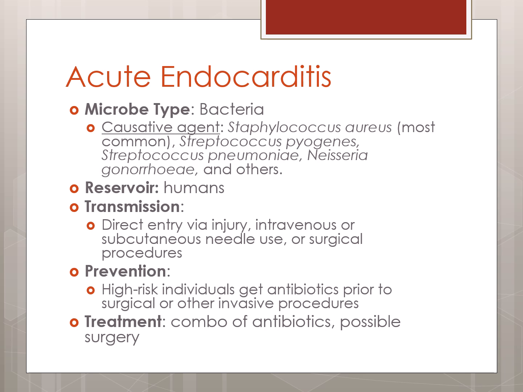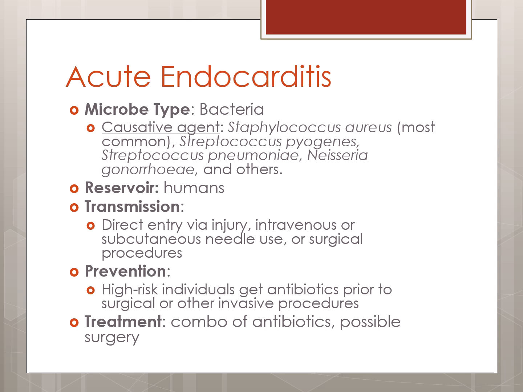We may give them antibiotics prior to getting the surgery to prevent them from developing this acute endocarditis, just in case they get the Staphylococcus aureus into their system. So preventative measures is kind of the big thing here. So treatment may be antibiotics or maybe surgery if it comes to that, if there is too much damage to the heart.